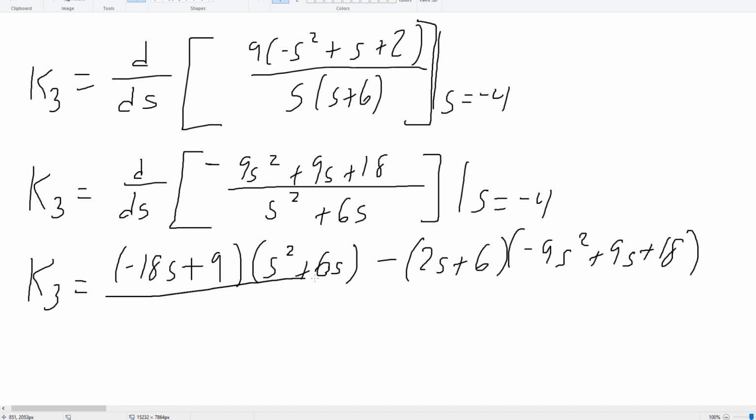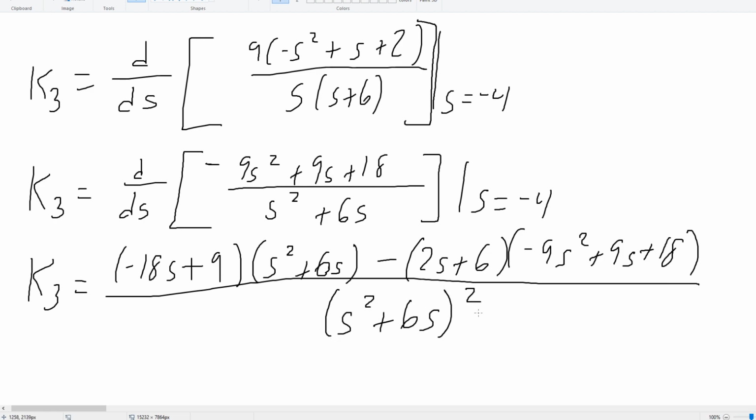And then the bottom part is going to be s squared plus 6s, and that's all going to be squared now.